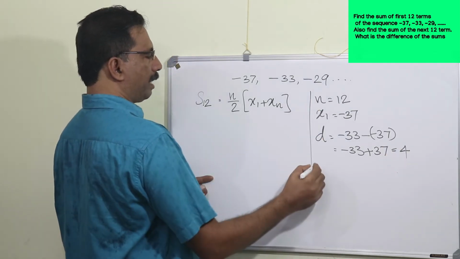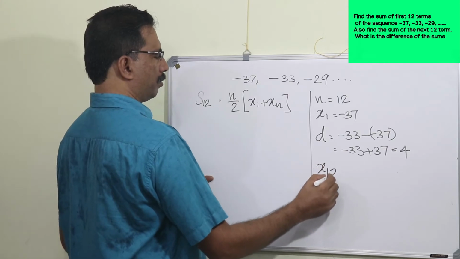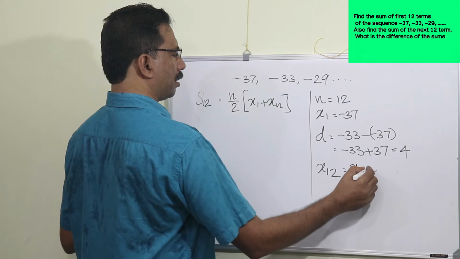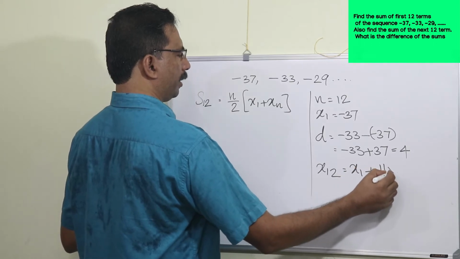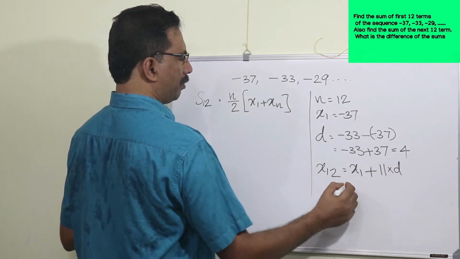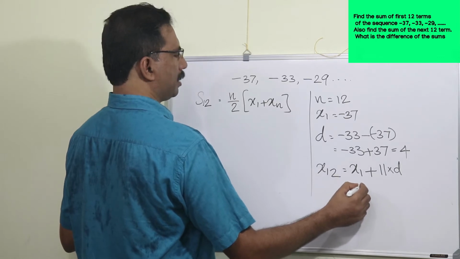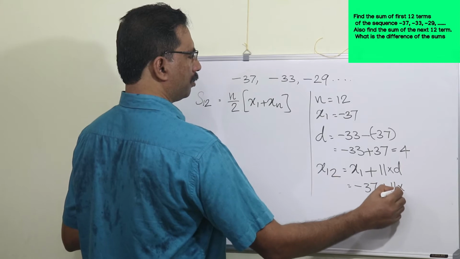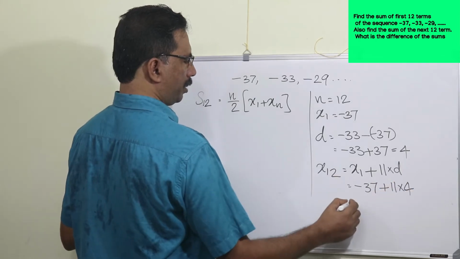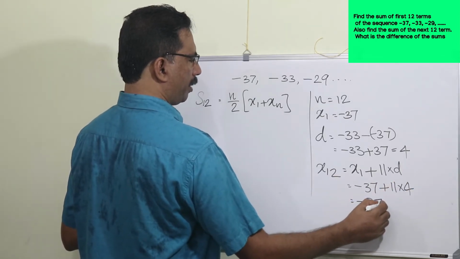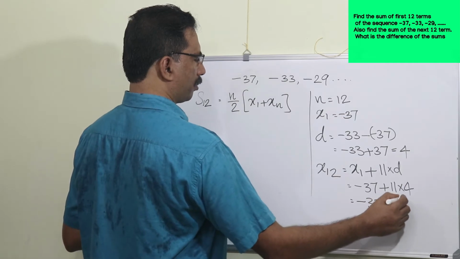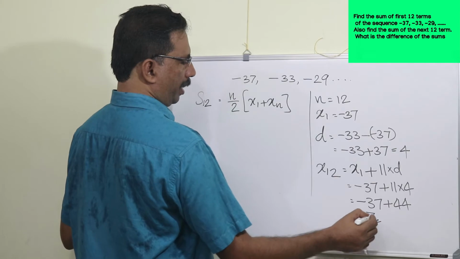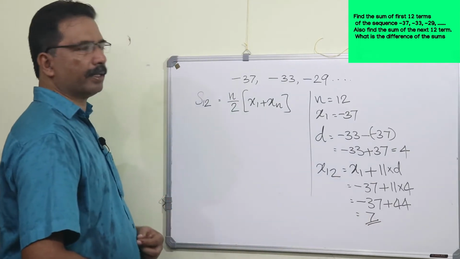Xn means x12. What is x12? First term plus 11d, equal to minus 37 plus 11 into 4, which is minus 37 plus 44. It is 7. x12 is equal to 7.